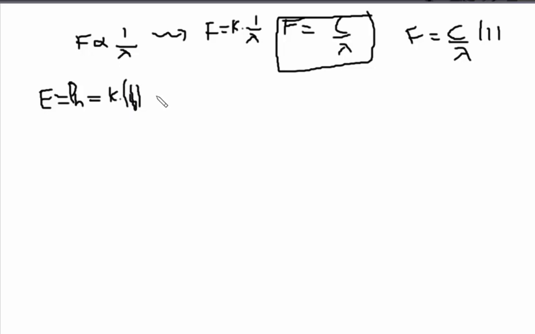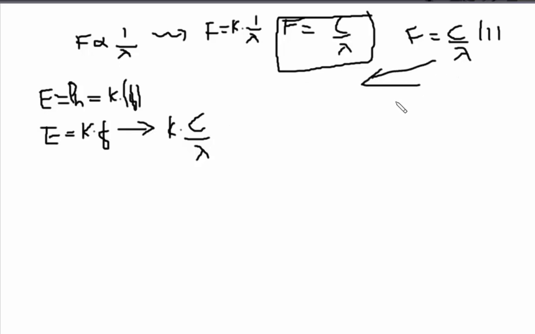So E is equal to some constant into frequency, because while incident it contains the frequency. Then I can write it as K into c by lambda, because f is nothing but c by lambda.